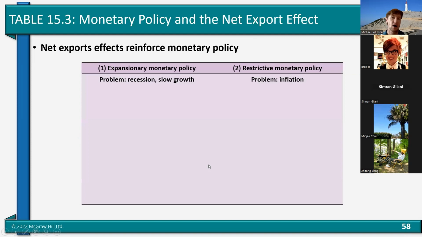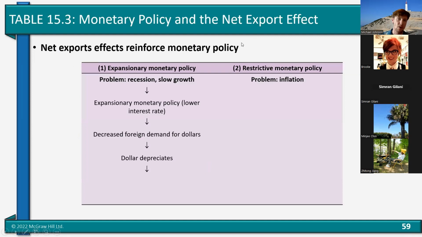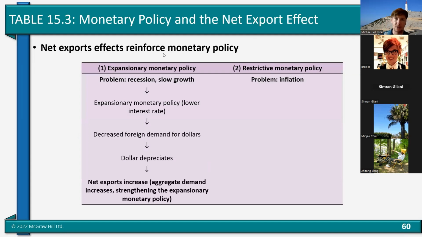So here, net exports effects reinforce monetary policy. Expansionary monetary policy: problem, recession, slow growth. Expansionary monetary policy means a lower interest rate, decreased foreign demand for dollars, the dollar depreciates, and net exports increase.